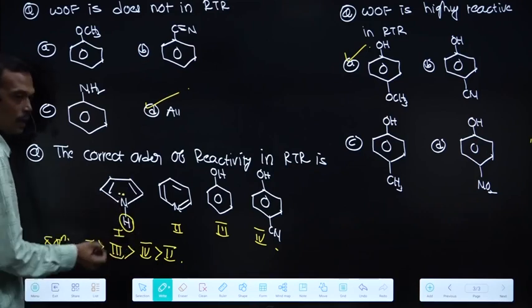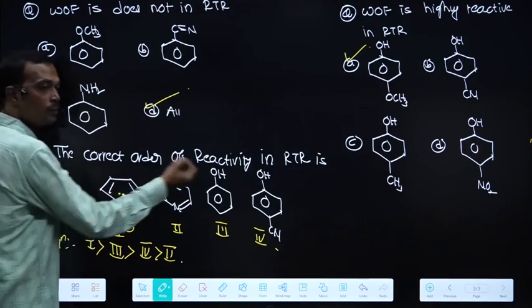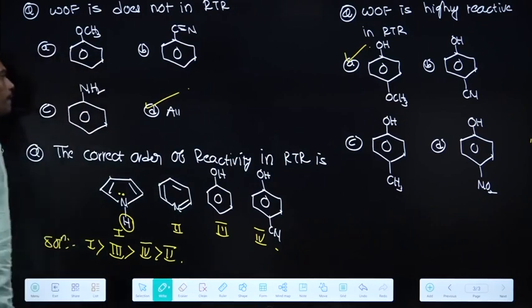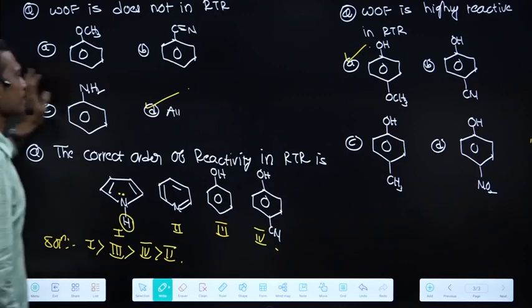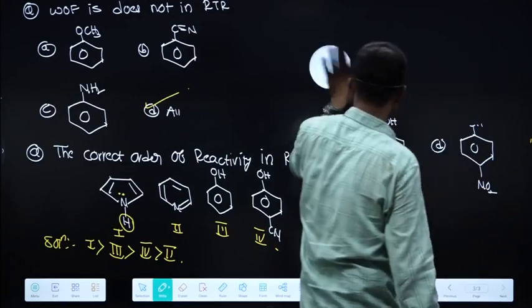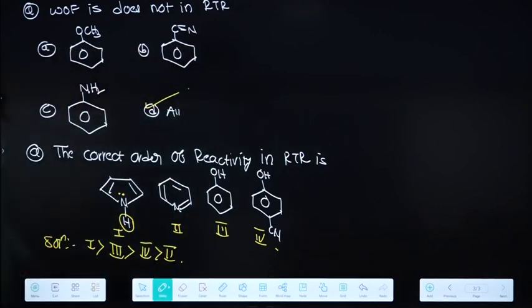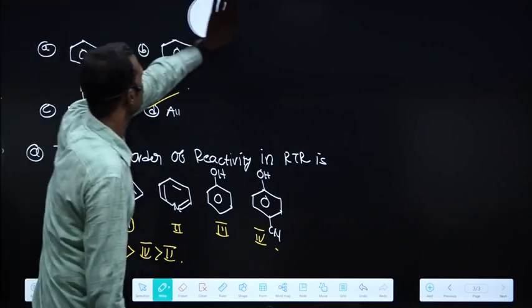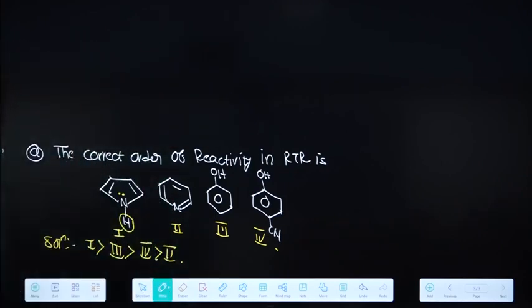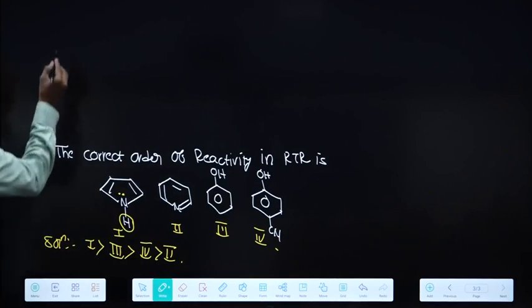So we know electron rich heterocyclic rings are more reactive in EAS as compared to electron deficient ones. Clear? Next.